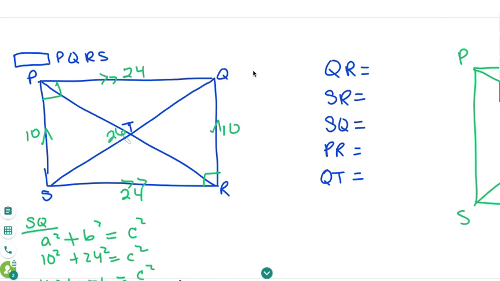Well, in a rectangle, the diagonals are congruent, so that means that PR is also going to be 26. So we can fill in our missing parts.